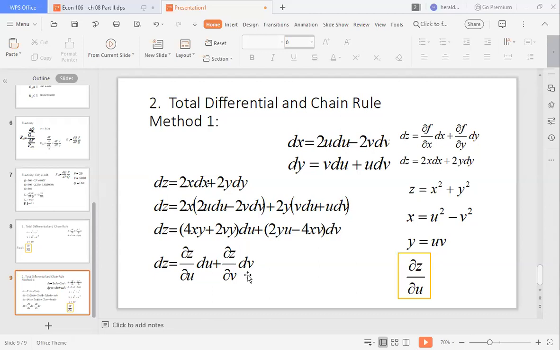4x times 2v, 4x v, plus 4x 2v, partial z partial x, partial z partial u.